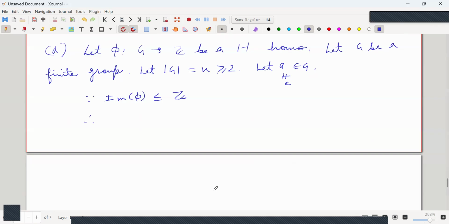So this implies image of phi is equal to nZ for some n belonging to Z, right?